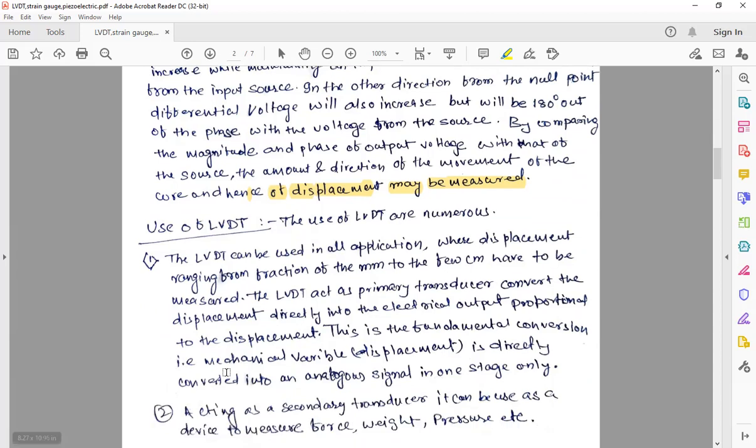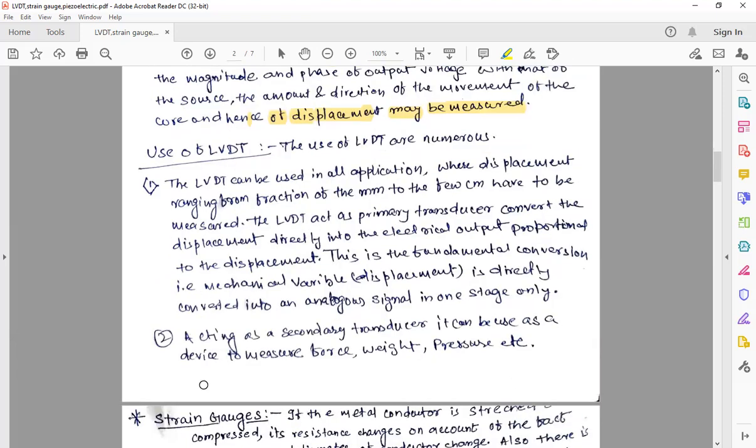This is the functional conversion of a mechanical variable, that is displacement, directly into an analog signal in one stage only. Acting as a secondary transducer, it can also be used for the measurement of force, weight, pressure.